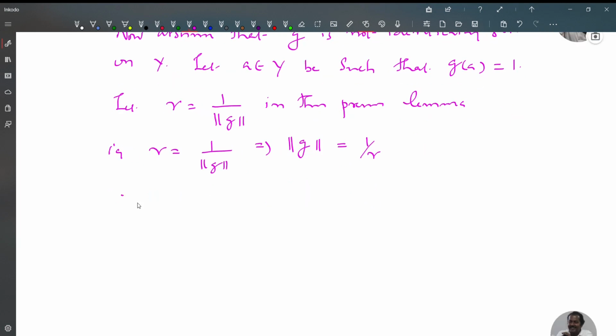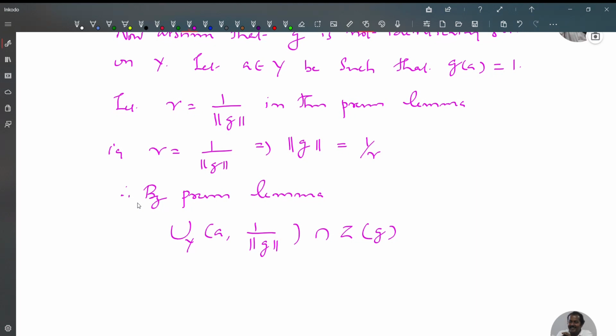Therefore, by the previous lemma, U_Y(a, 1 by norm g) intersection null space of g is empty.